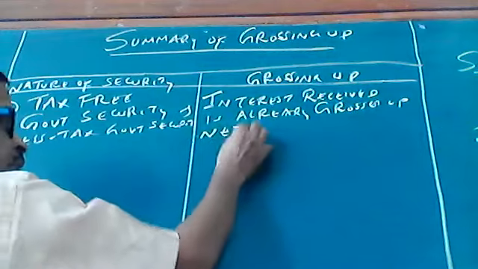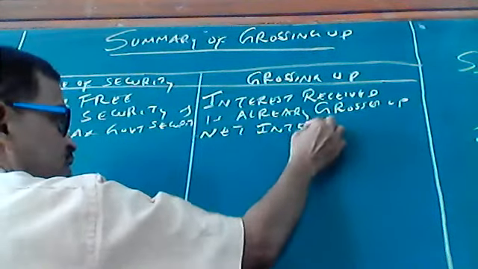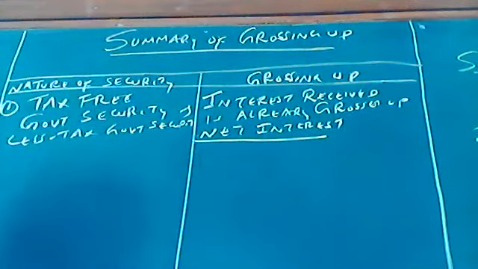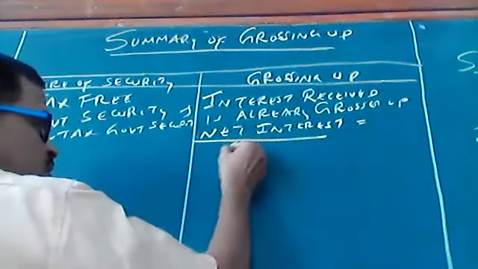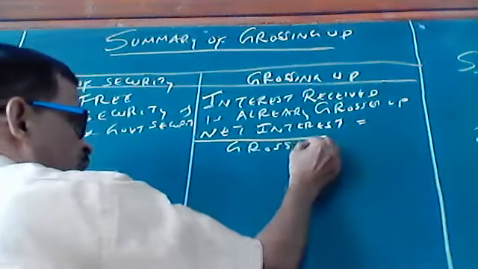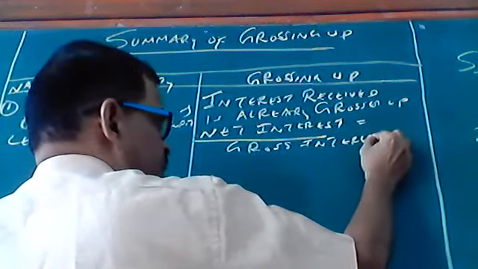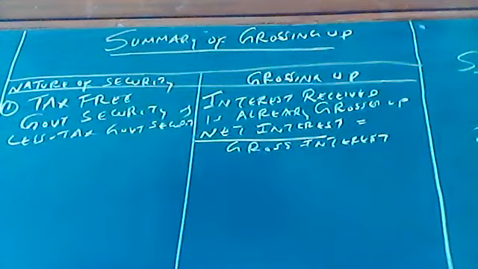Net interest itself is gross interest. That is, net interest is equal to gross interest only. How to calculate net interest? Face value of investment into interest rate. This is the case for both tax-free and less tax government security.